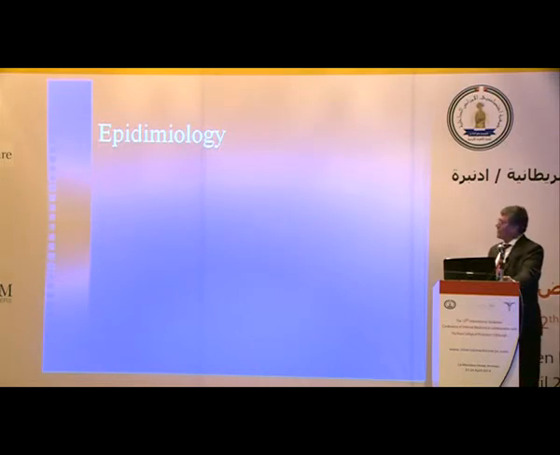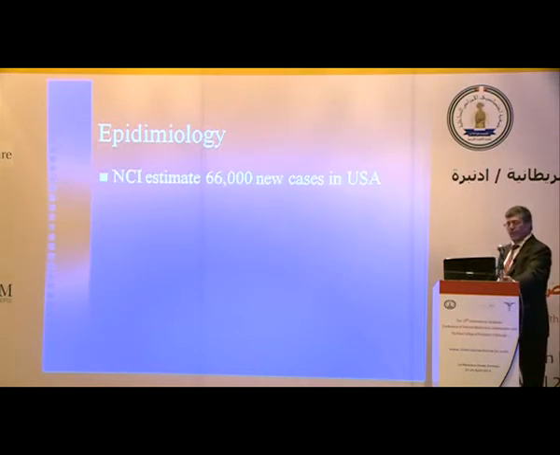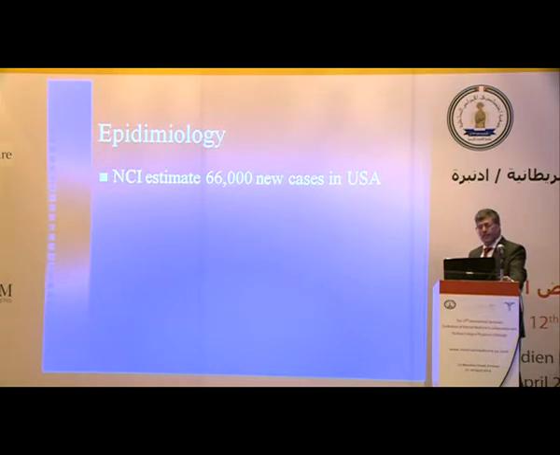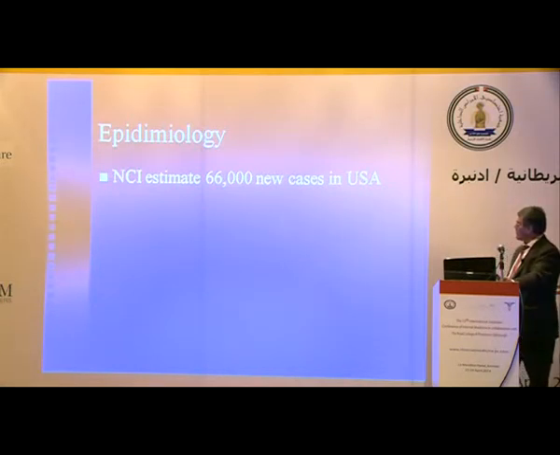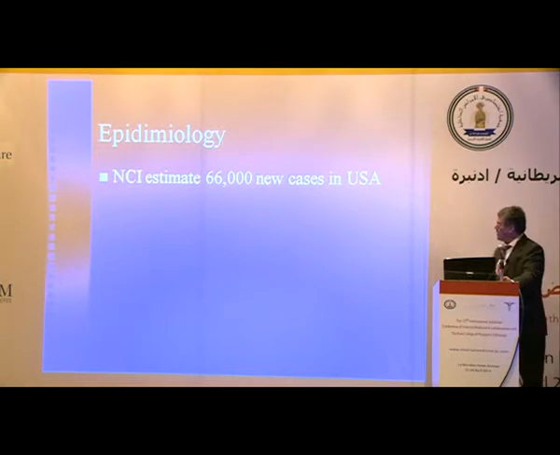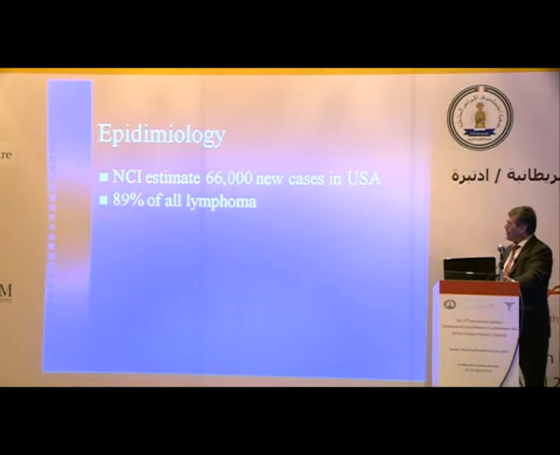Regarding the epidemiology of this lymphoma, usually I select two countries, and because I trained in the US, I usually put the census of the US. In the NCI data, in the year 2013, they estimated around 66,000 new cases in the USA, and 89% or 90% of all lymphomas are considered to be non-Hodgkin lymphomas, while the others are Hodgkin disease.